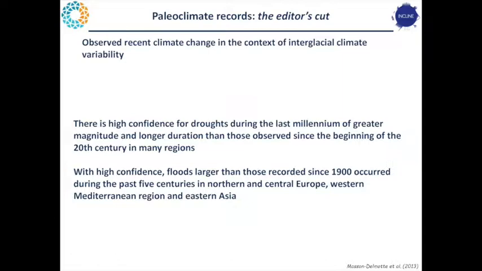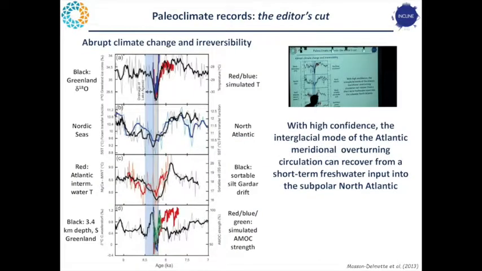That's why we look into paleoclimate records to get the full amplitude of extremes. And obviously, extremes may be getting even more extreme as global temperature rises. With high confidence, floods larger than those recorded since the 19th century occurred during the past 5 centuries in northern and central Europe, the western Mediterranean region, and eastern Asia.